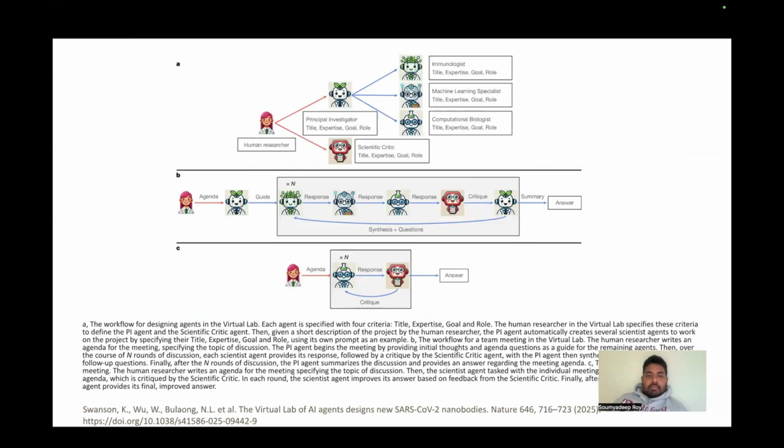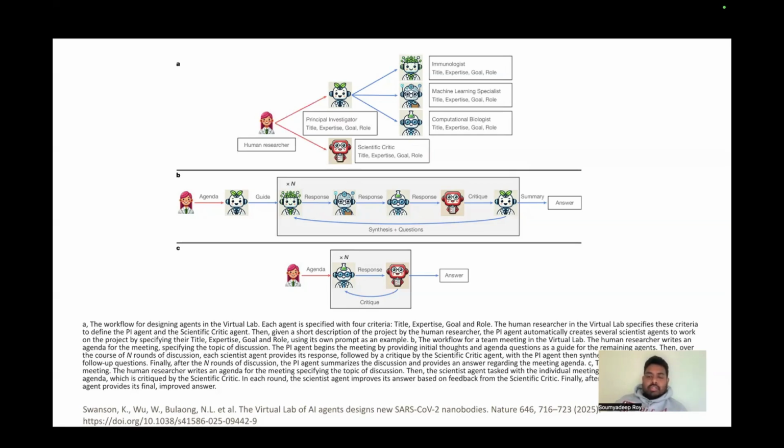Then this is another example, a more detailed understanding, where each agent is defined with four criteria. One is the title, second is the expertise, third is the goal, and fourth is the role. And then they are run over multiple simulations and with some control. The initiation is done by the human.